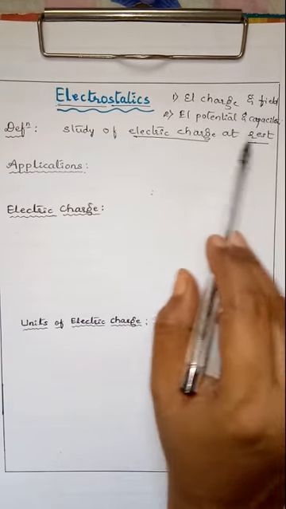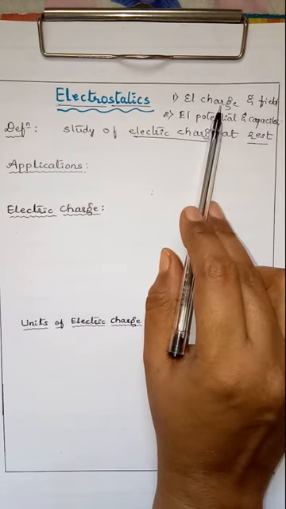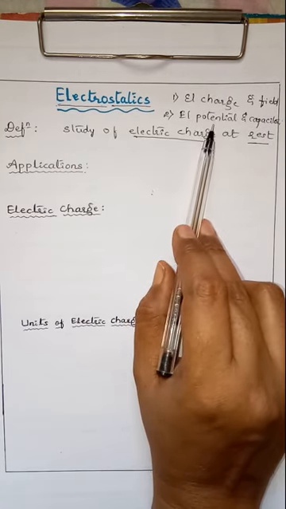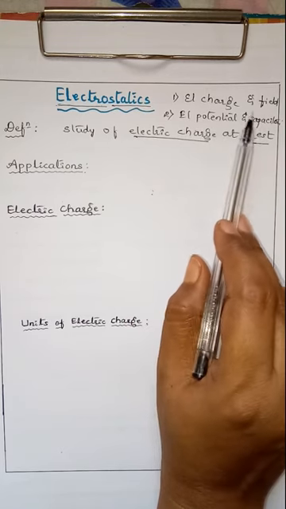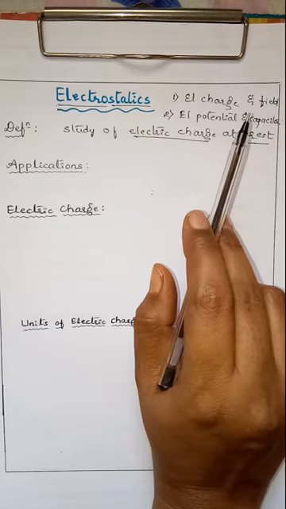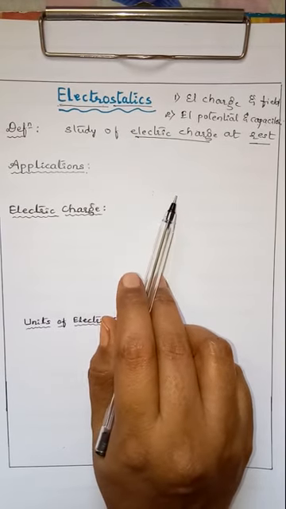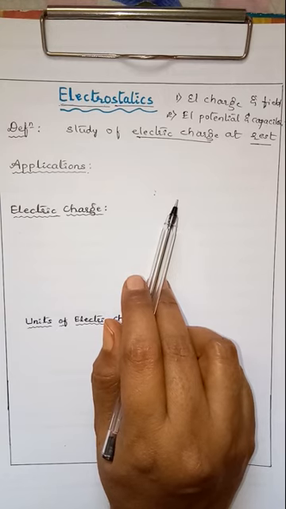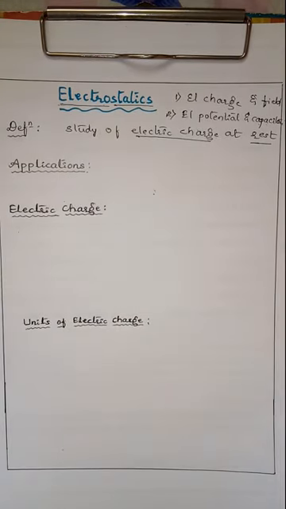So totally we are going to study electric charge, electric field, electric potential energy, and one of the application oriented topics, capacitors. Today we are going to discuss electric charge and its properties.